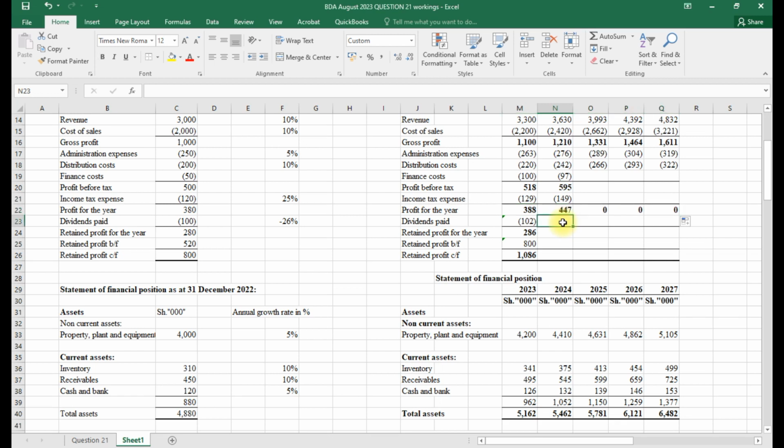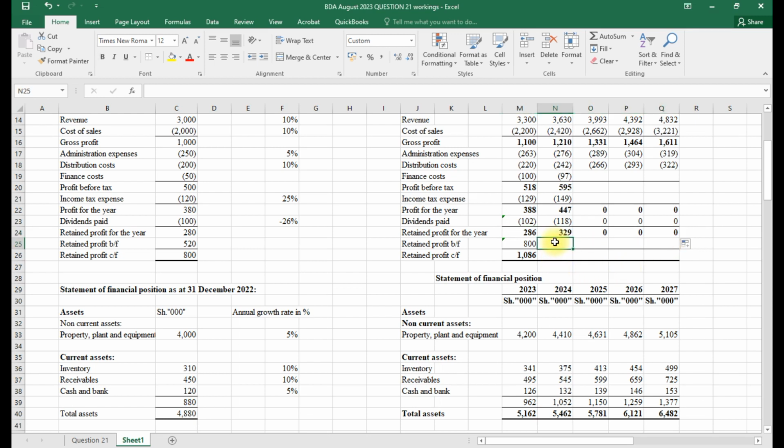And our dividend here, this one we multiply by 26%, and again I will autofill these so that the others will automatically be filled when I calculate. So the retained profit for the year I will again autofill so that it will fill.